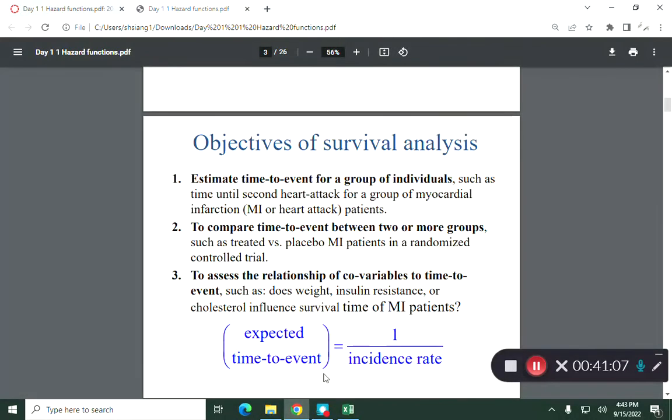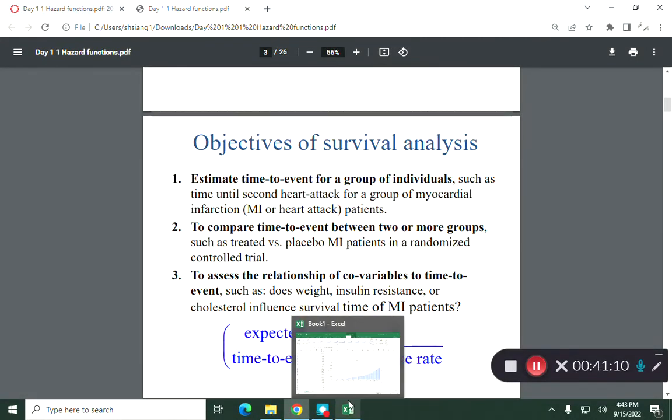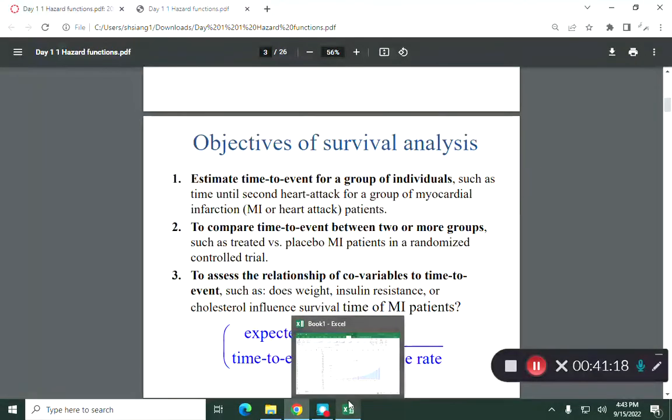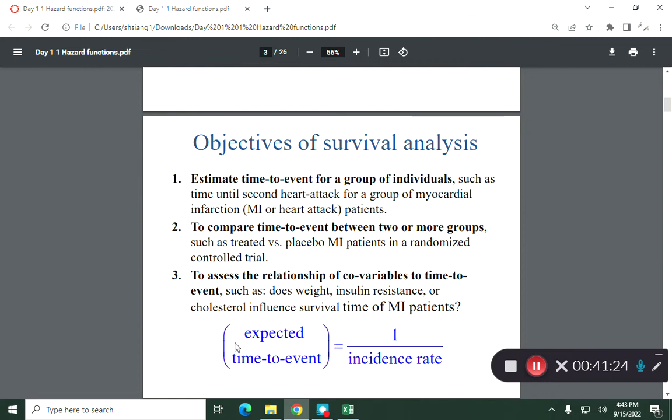So if in 100 hours you have 45 ones, then 100 divided by 45 events is on average the expected time to event. So this concept is no different from your simulation, Poisson to exponential, exponential to Poisson.